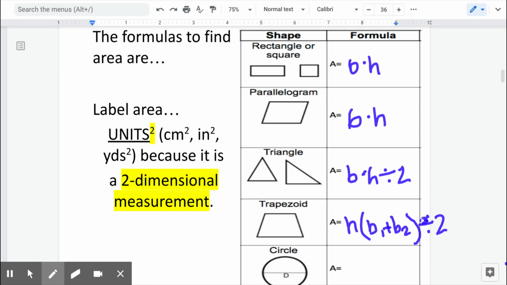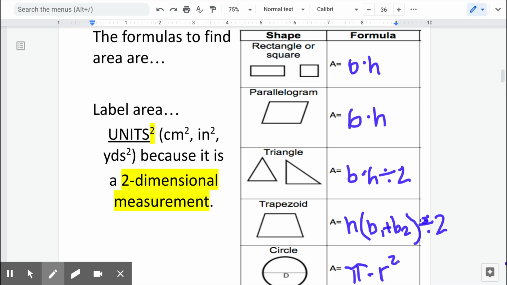So height times base 1 plus base 2, divided by 2. Add those bases together, then multiply by our height, then divide it by 2. And circles, our area equals pi times radius squared. Make sure you're copying these formulas down into your area handout.